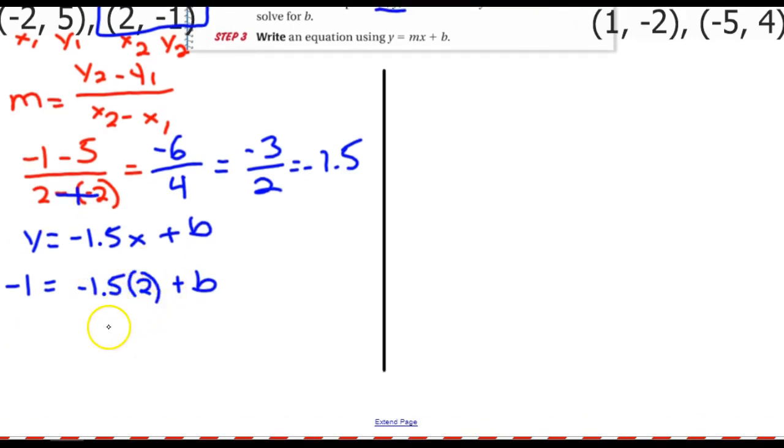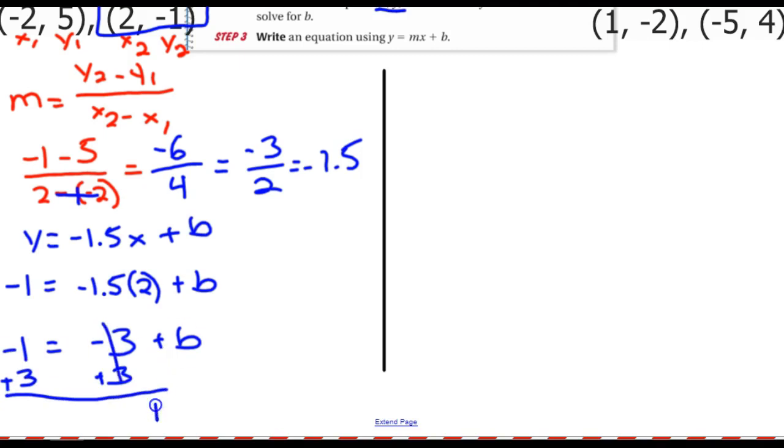Negative 1.5 times 2 gives us a negative 3 plus b equals negative 1. To find b, we need to add 3. So we get b equals negative 1 plus 3, so that's 2. So our equation then is going to look like y equals negative 1.5x plus 2.